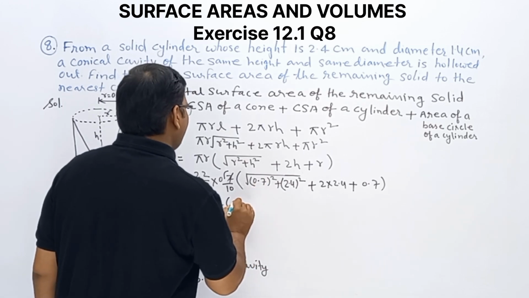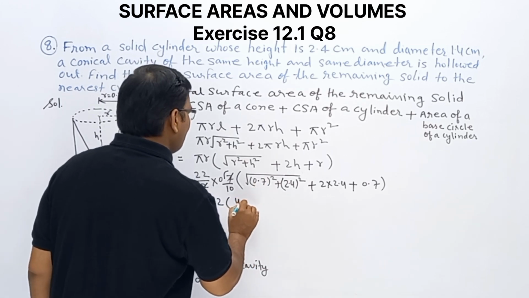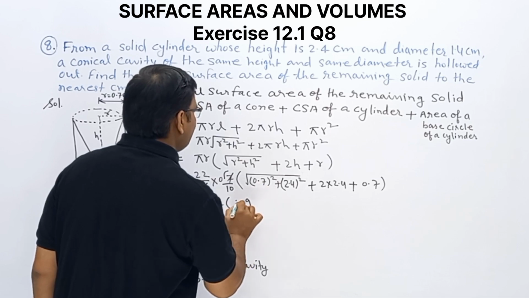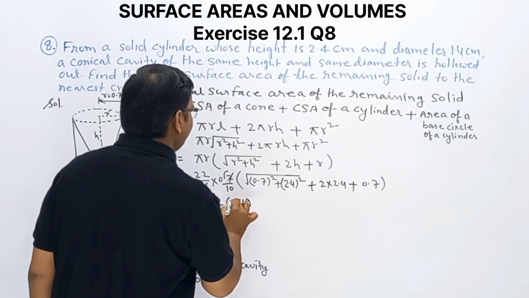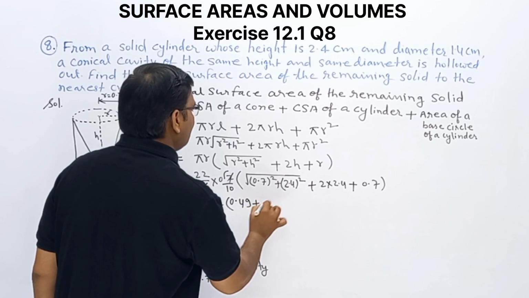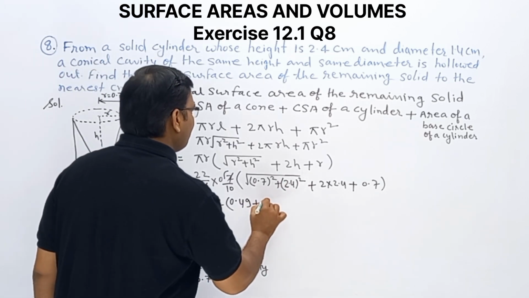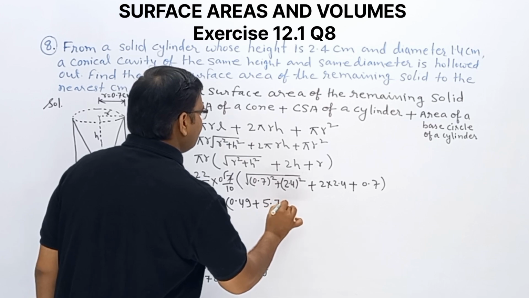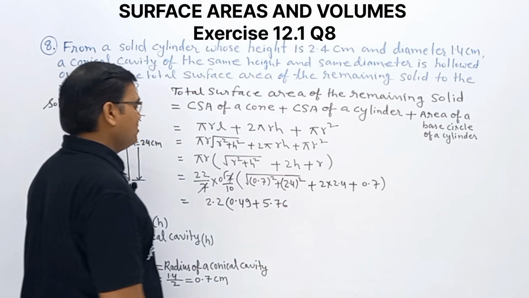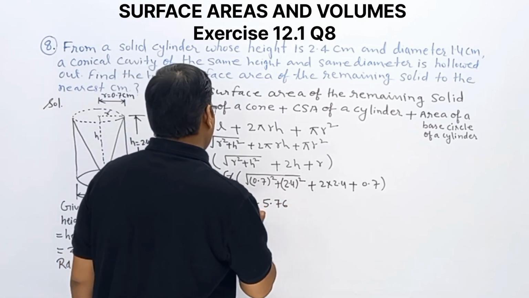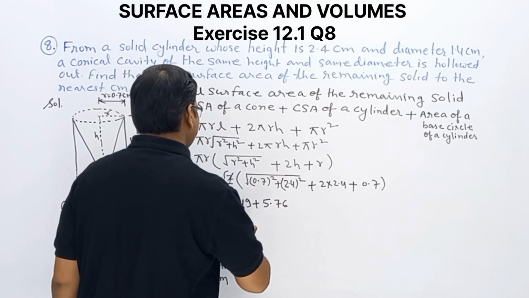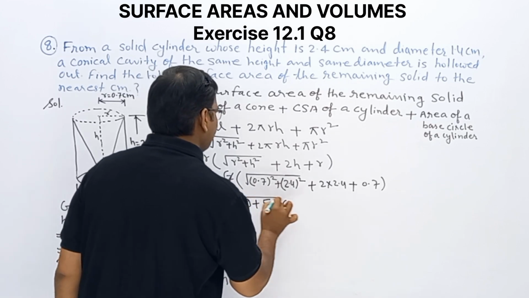0.7 square will be 0.49, since 7 square is 49, point will be there, plus 2.4 square, which will be 5.76, and take its square root.